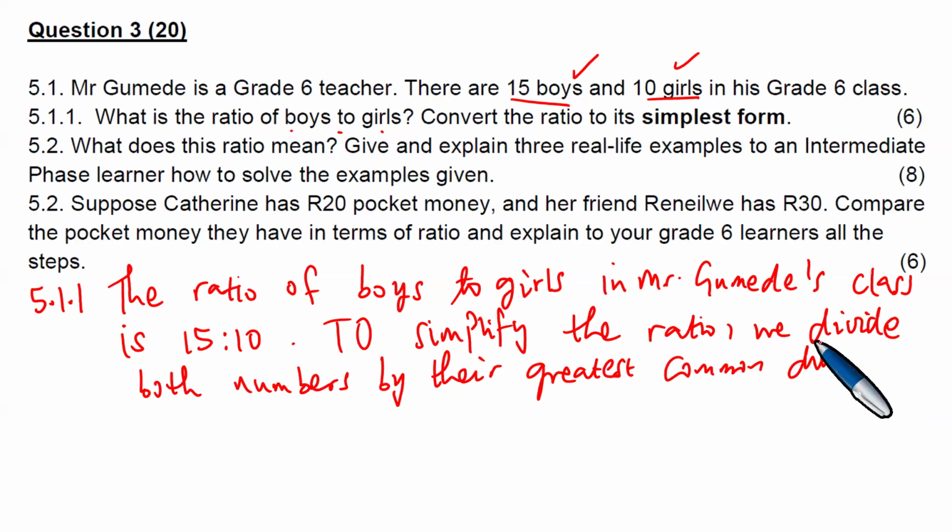So in other words, we'll divide both of these by their greatest common divisor. Which is what? 5. Well done.